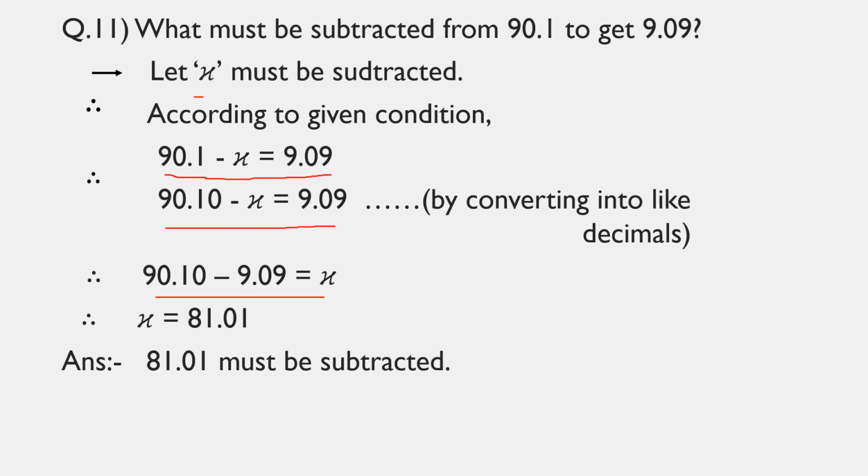We'll transpose 9.09 to the left hand side and this minus x to the right hand side. So after transposition we'll be getting this equation. Now therefore x is equal to, we'll subtract 90.10 minus 9.09 by the regular method. So we'll be getting x is equal to 81.01. So our final answer: 81.01 must be subtracted.